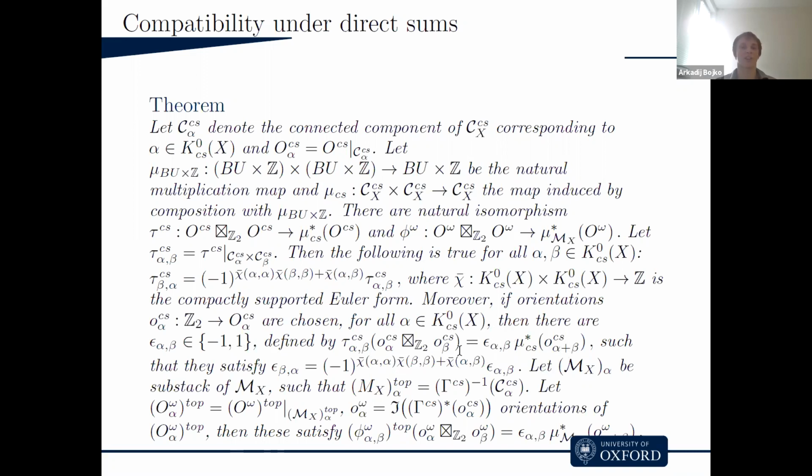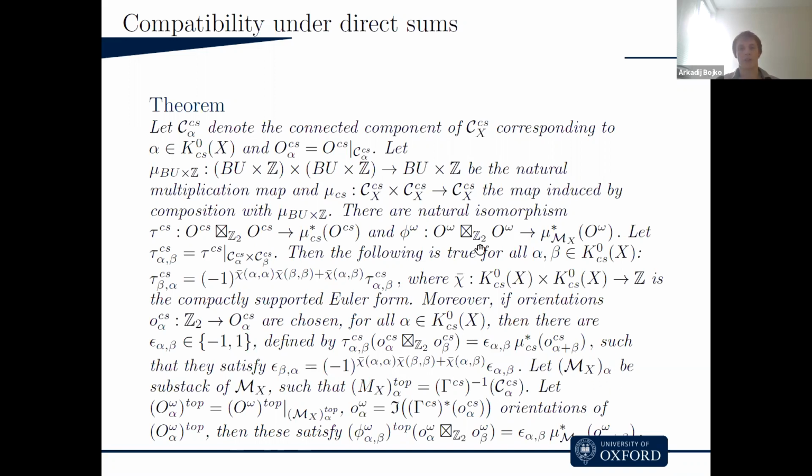So in particular, two of their trivializations differ by a sign. So this is how these signs epsilon alpha beta are defined for each pair of K theory classes alpha, beta. And then these signs satisfy, based on what I said above, this relation expressed in terms of this compactly supported Euler form under interchanging the order of alpha and beta.